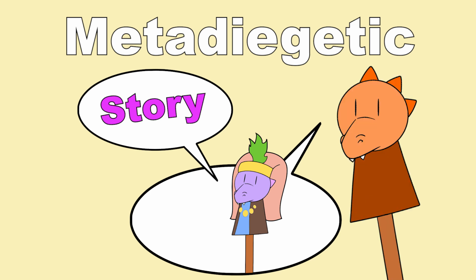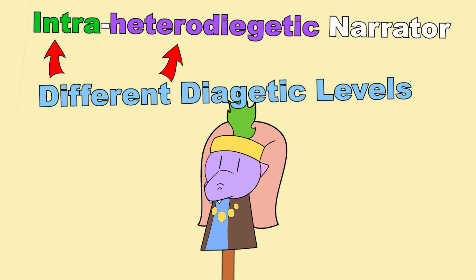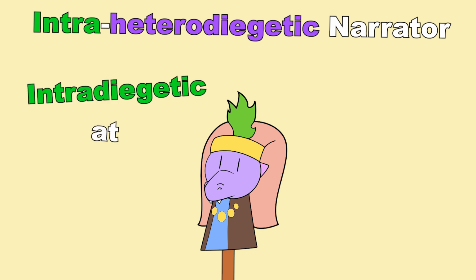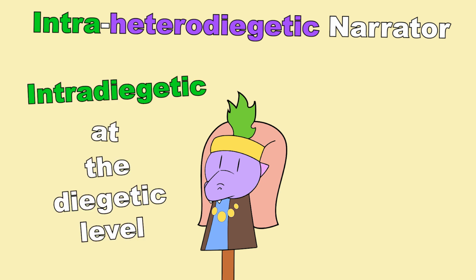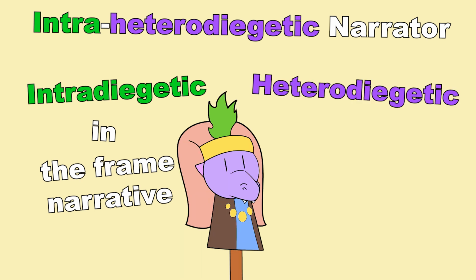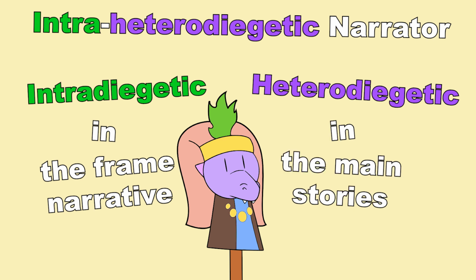The reason why this is important to know is because Scheherazade is both an intradiegetic and a heterodiegetic narrator, but in this case, both of those terms refer to different levels of the diegesis. Scheherazade is intradiegetic at the diegetic level, i.e. in the frame narrative, but she is also heterodiegetic at the metadiegetic level, i.e. in the collection of stories which she herself is narrating.